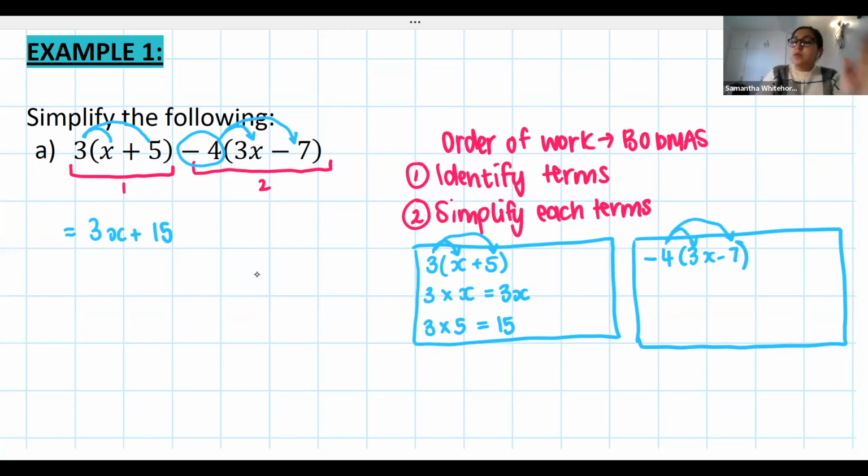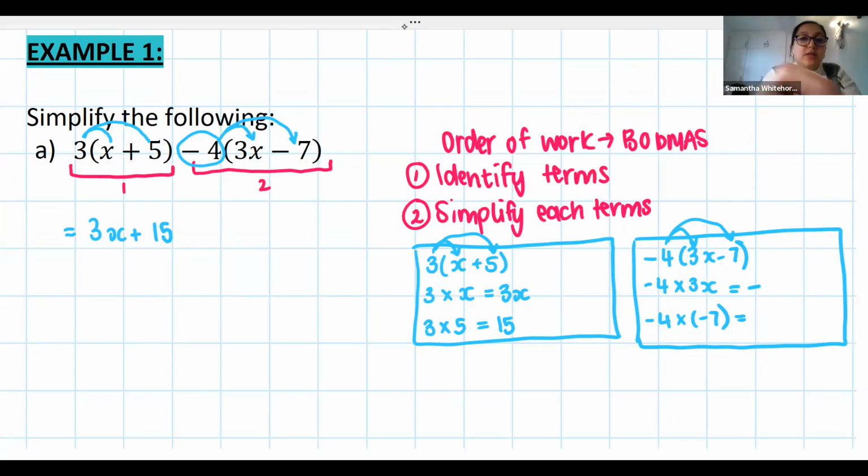But guys, really important, the second you see minus signs, we need to be careful of what happens when we multiply with a negative. So in the first distribution, we've got a negative 4 times a positive 3x. And in the second, we've got the negative 4 times a negative 7. I'm just putting it in brackets because of that negative. So the first one, a negative times a positive, we know gives us a negative answer.